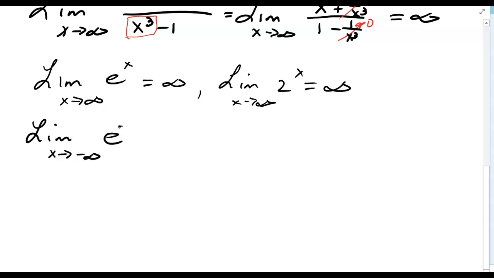It's different if we were going to negative infinity. Whoops, I just wanted e to the x, not e to the negative x. Because again, if you picture the e to the x graph, as you're moving to the negative x values, that graph will approach 0. And we can do different variations of that.